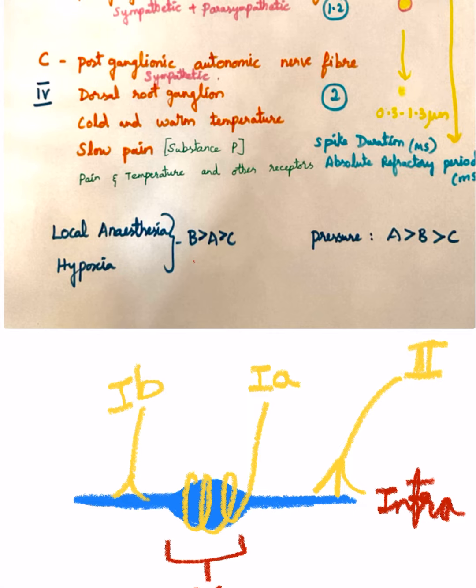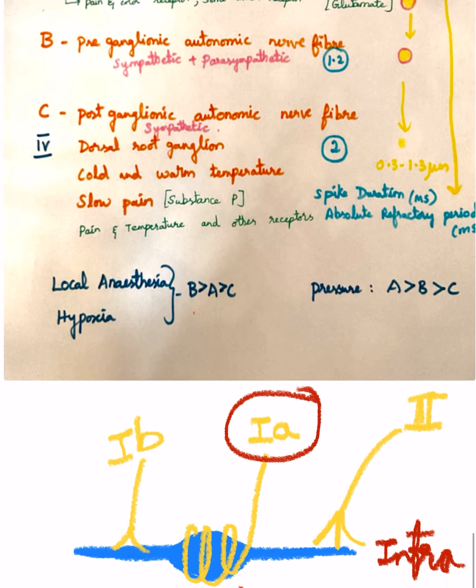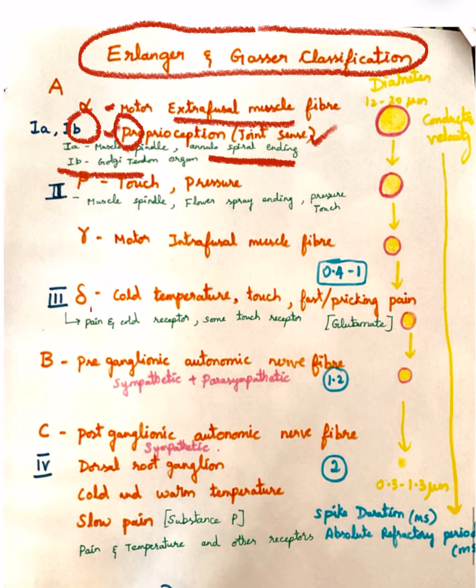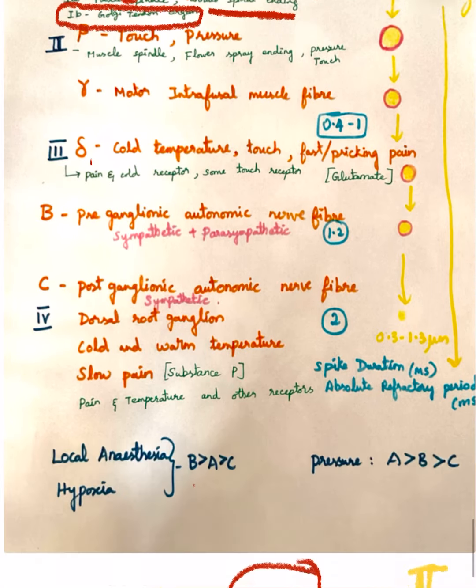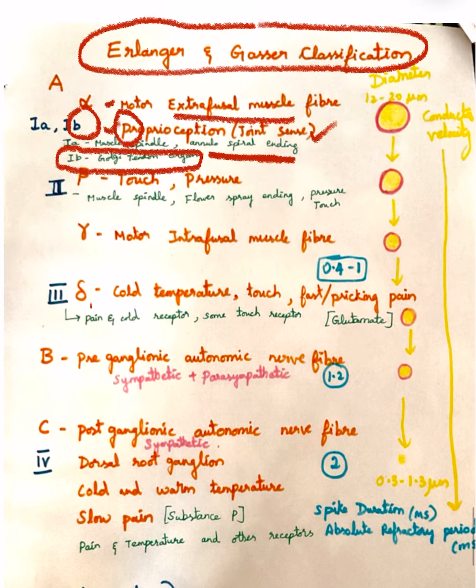The nucleus, which is coiled with the annulospiral organ, carries the 1A sensation, that is of the extrafusal muscle fibers. And in case of 1B, the sensory organ is the Golgi tendon organ, which is present at the ends of the muscle fiber and which carries the proprioception or the joint sensation.